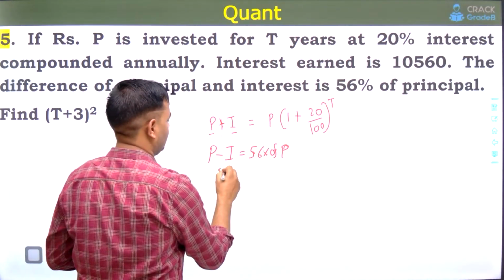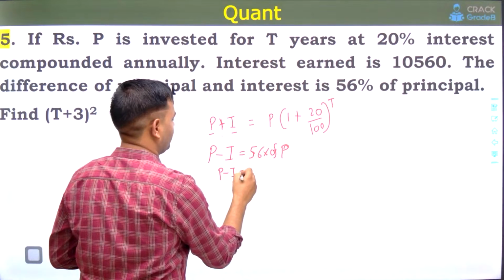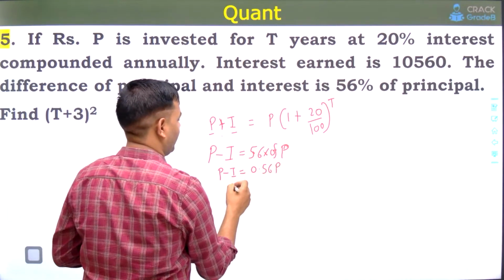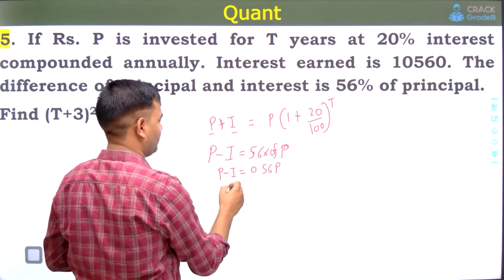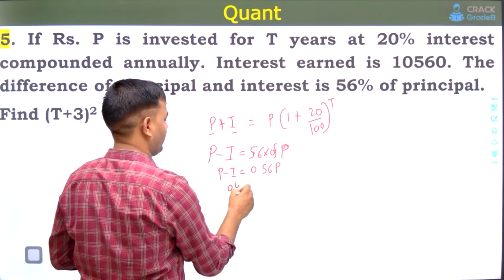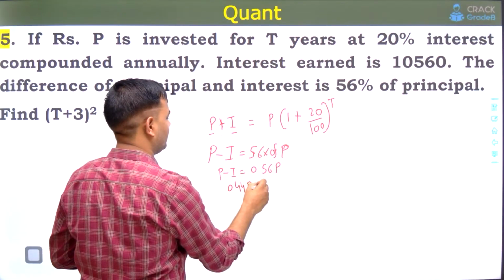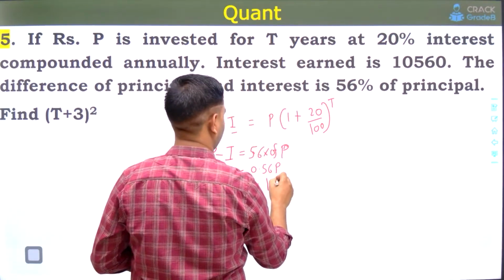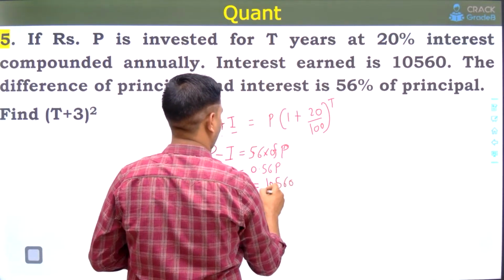So P minus I equal to 0.56 P. So from here, because 56% of P, 0.44 P equal to I, which is given as 10560.